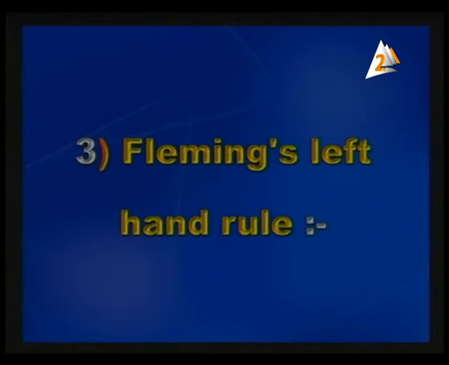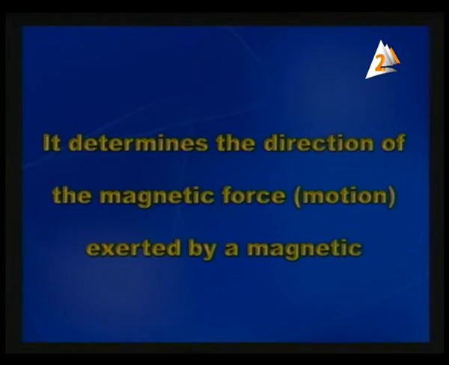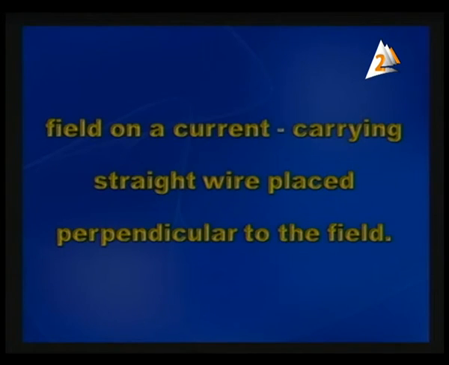One use for Fleming's left-hand rule: it determines the direction of the magnetic force exerted by a magnetic field on a current carrying straight wire placed perpendicular to the field.